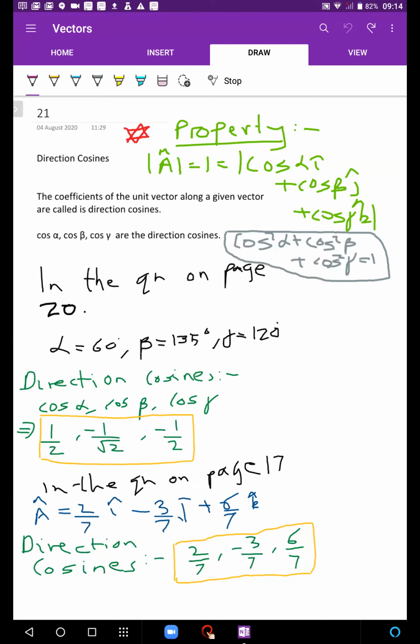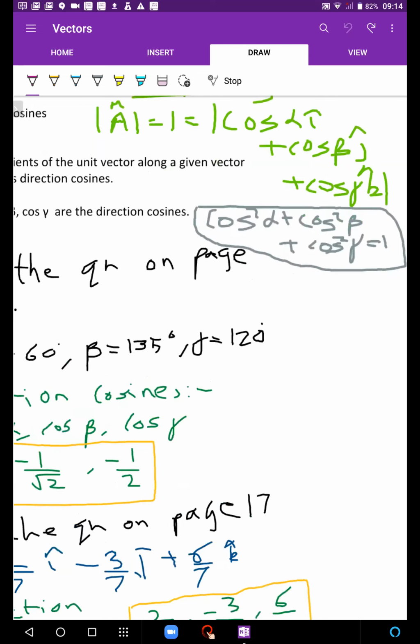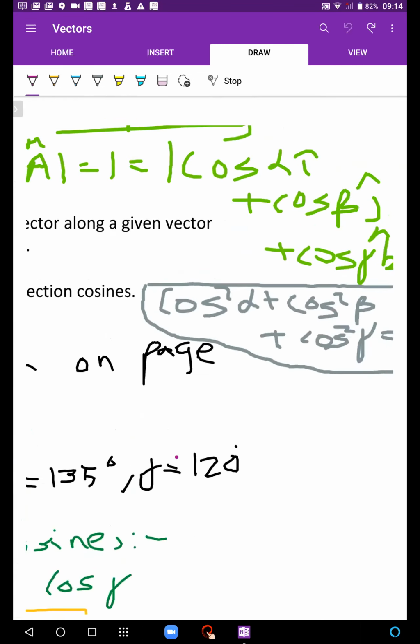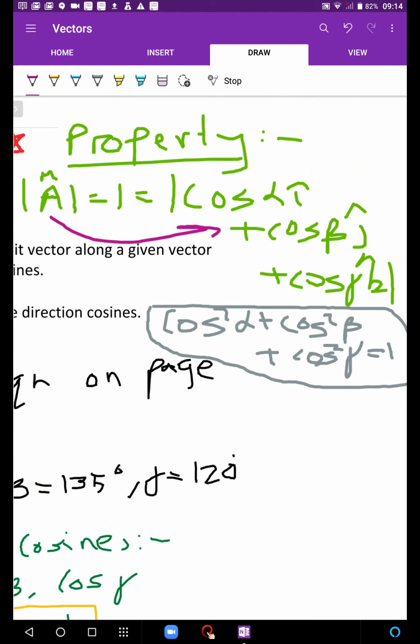How am I getting that property? Let me explain that property one more time. Our unit vector was cos alpha i cap, cos beta j cap, cos gamma k cap. The magnitude of a unit vector will always be 1. Now, how do I write the magnitude of a vector written in i cap, j cap, k cap form?